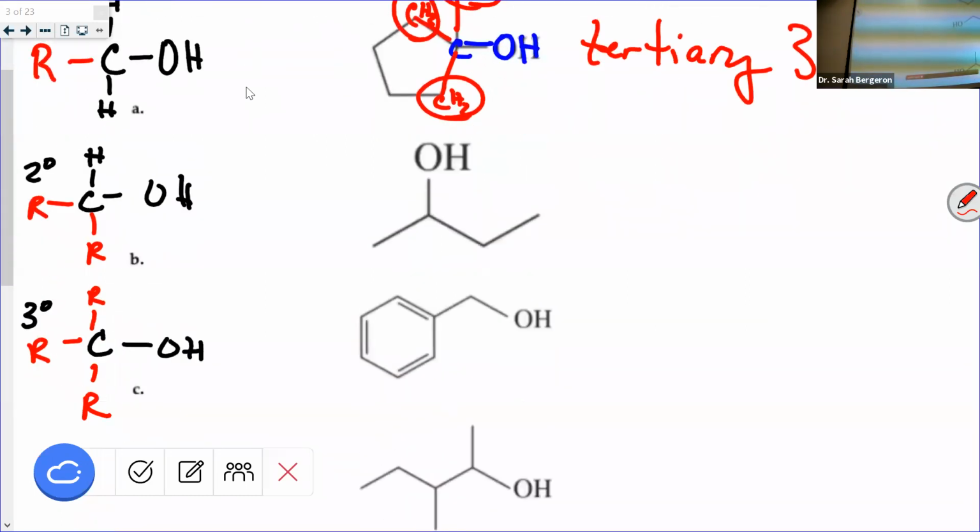All right, and B, I'm going to find my alcohol. I'm going to see the carbon that that alcohol is attached to. How many alkyl groups or R groups do we have attached? Two. So there's a carbon there and a carbon there, so I have 1, 2. Is that the only thing attached to this carbon?